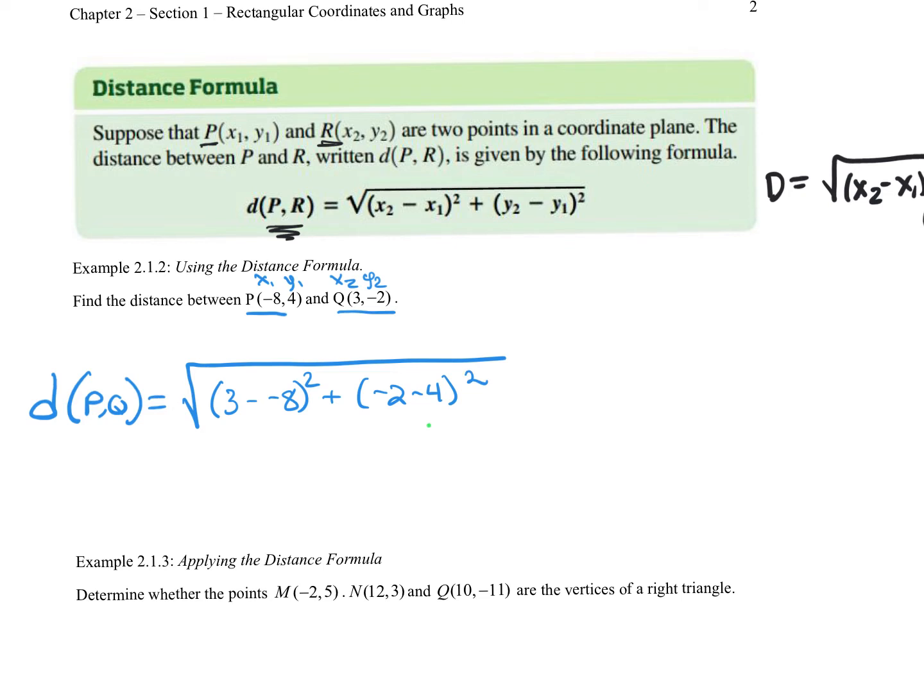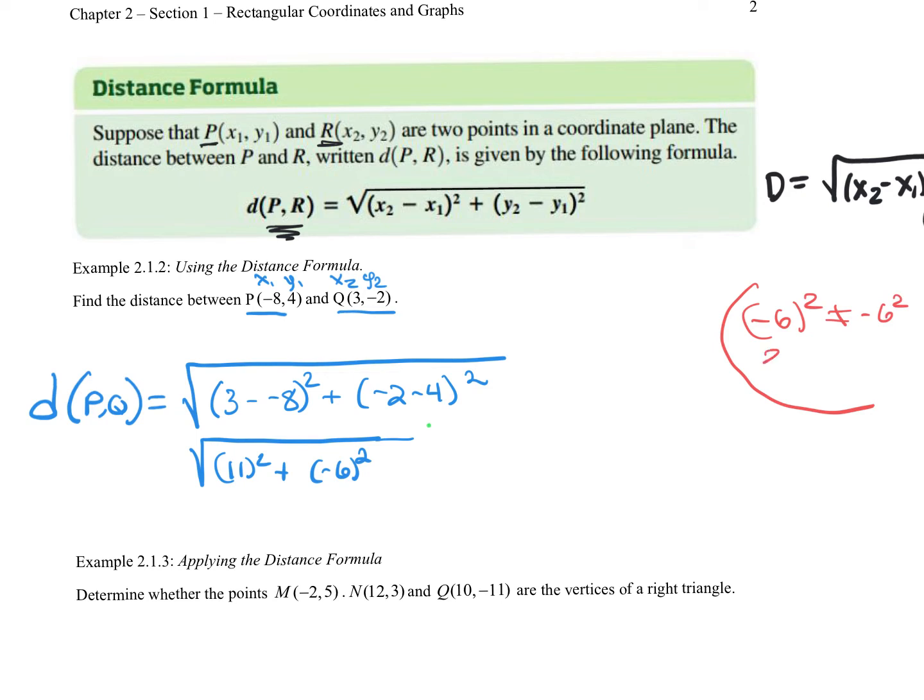So on the first one, 3 minus a negative makes a plus, so this is going to be 11 squared plus negative 6 squared. Please make sure you put your parentheses because negative 6 squared does not equal negative 6 squared. This would be 36, which does not equal negative 36, so the parentheses matter. So when you do this, you get the square root of 121 plus 36, which is the square root of 157.